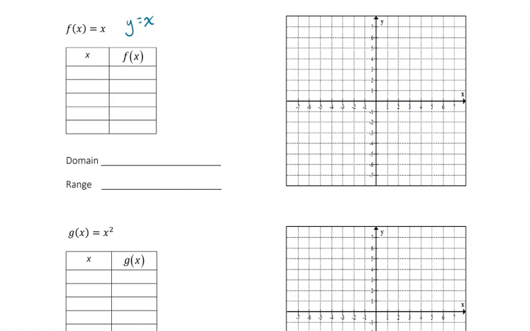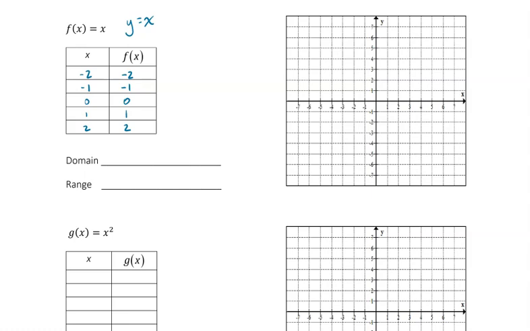All right? So if we plug in some values like -2, -1, 0, 1, and 2, which are going to be our values for most of these, then f of x equals x, so it's going to give us the same exact stuff back out.